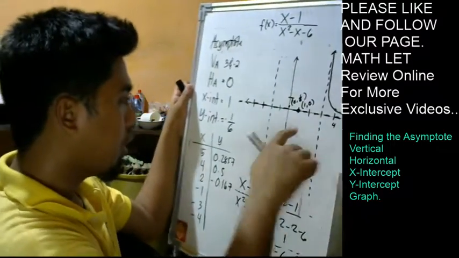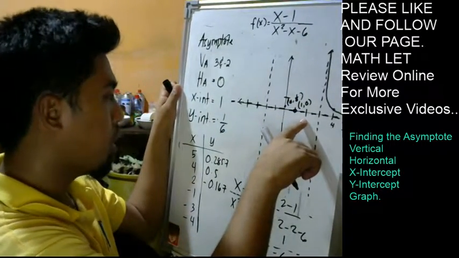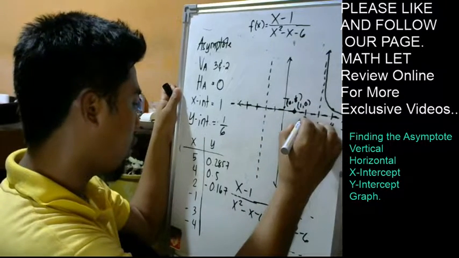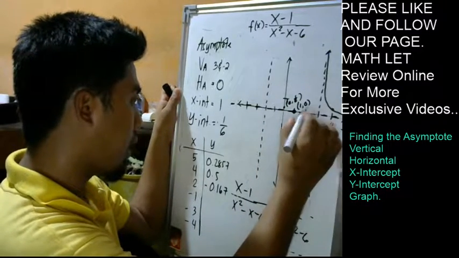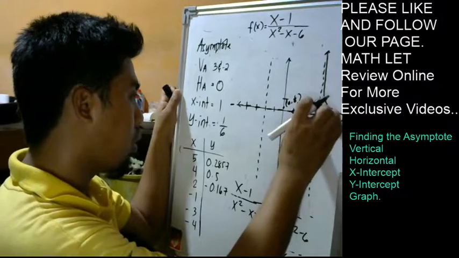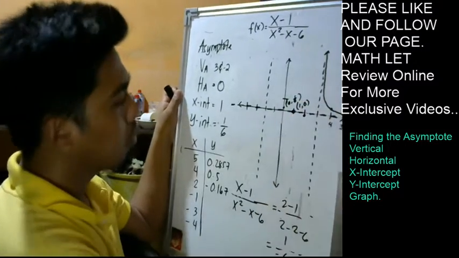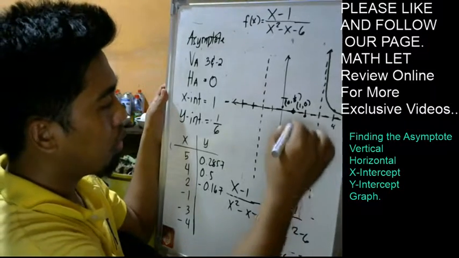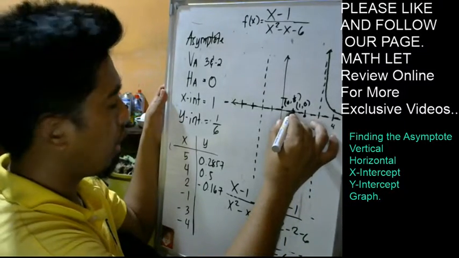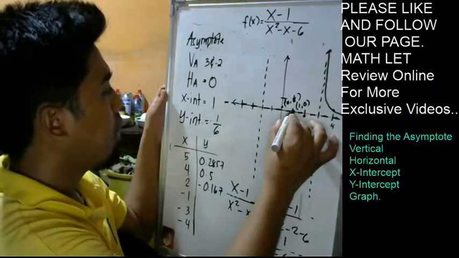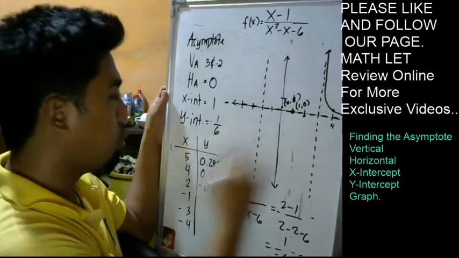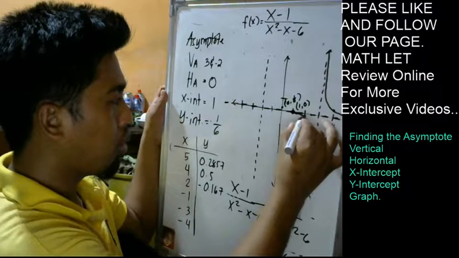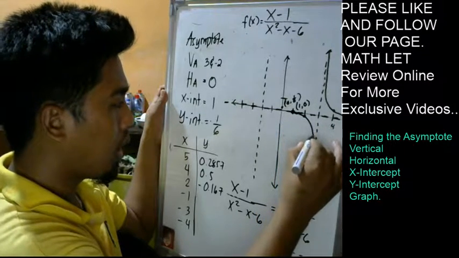Therefore, if x is 2, then y would be negative 0.167. So it is below the horizontal asymptote. We can conclude from the x-intercept at 2 that our graph goes downward.